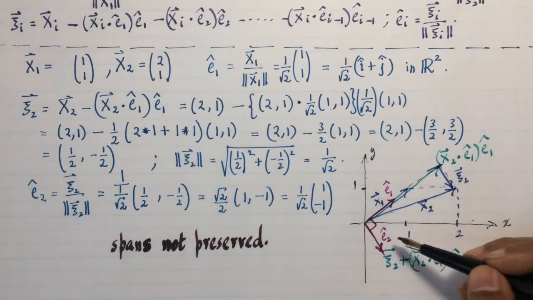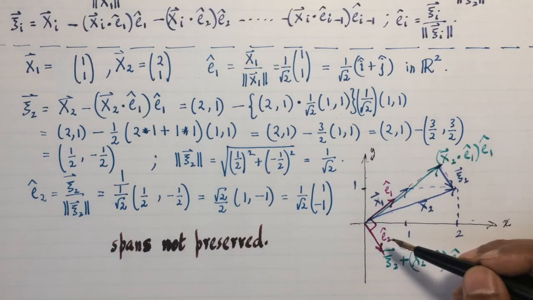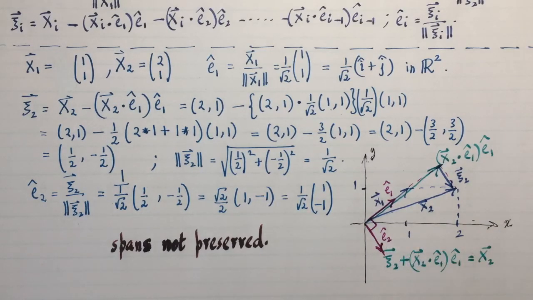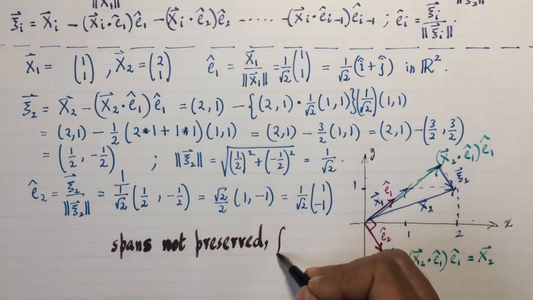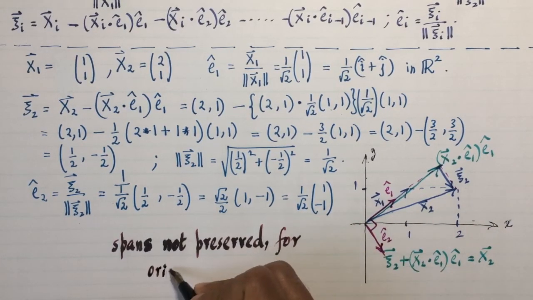So E2 will not be an eigenvector of that previous matrix A. So that's one of the important things to think about in this procedure. The Gram-Schmidt process does not preserve the spans for the original eigenvalue problem.